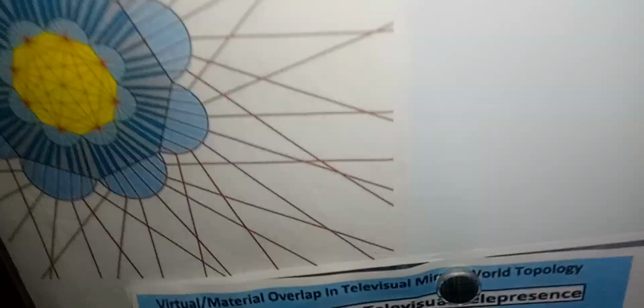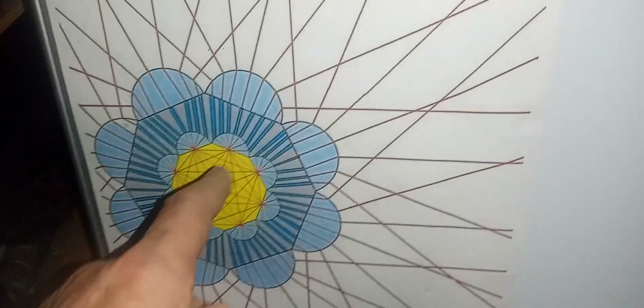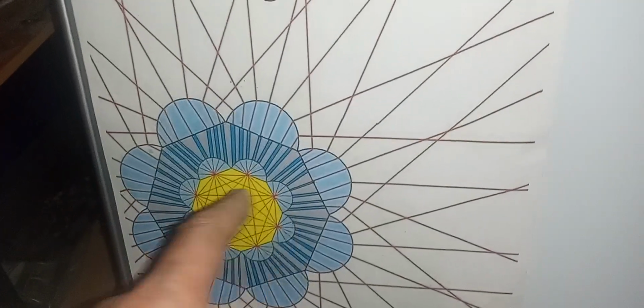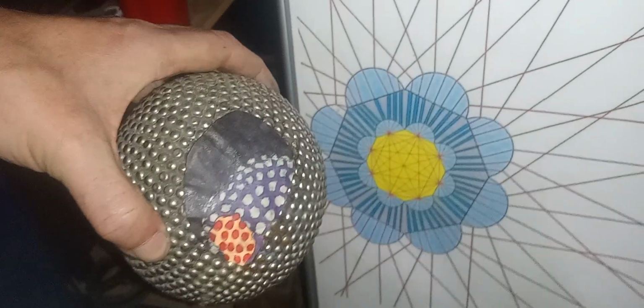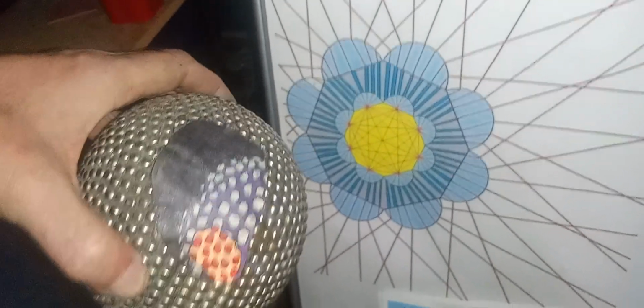The same thing with, well, this is a cross-section of a three-dimensional invisible object. And I have a model of it right here. And this is supposed to be the interface inside.